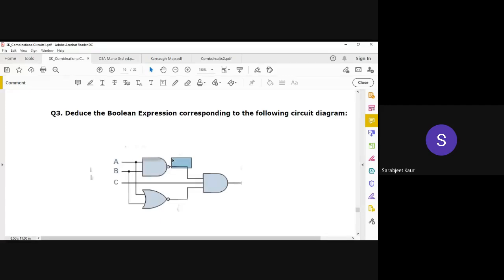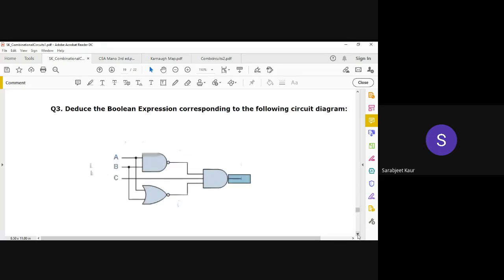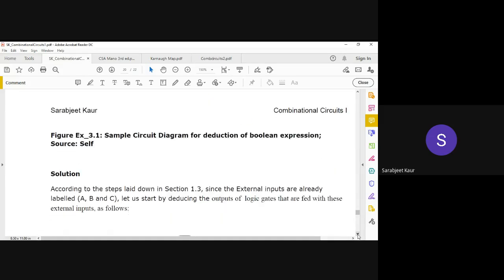We are going to find out the output at each stage and finally arrive at the output at the final stage. From each gate we will keep on getting terms which we will finally either OR, AND, or XOR together in the final gate.